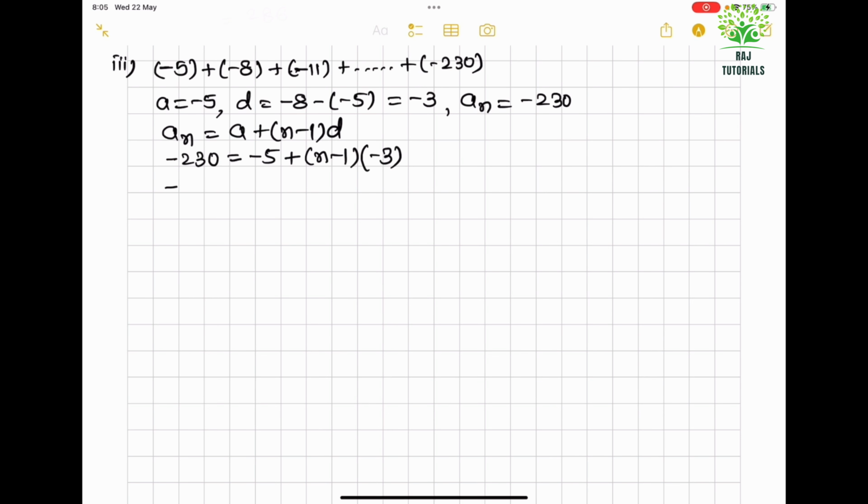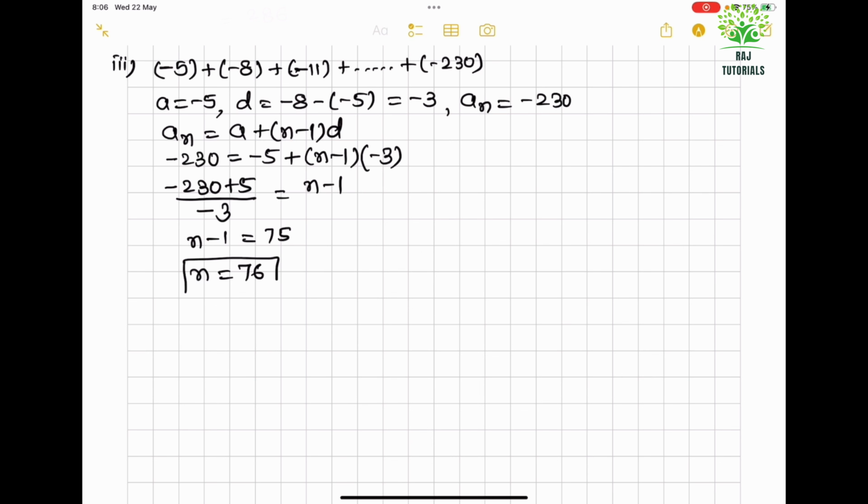So minus 230 plus 5 by minus 3 will be equal to n minus 1. So n minus 1 is coming to 75. So n will be 76.